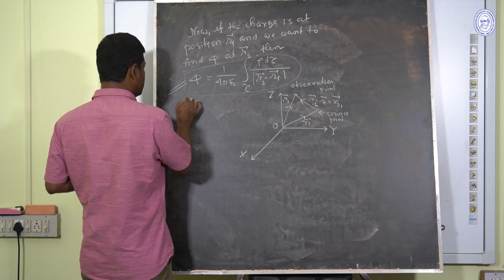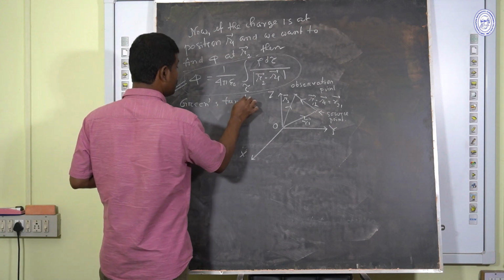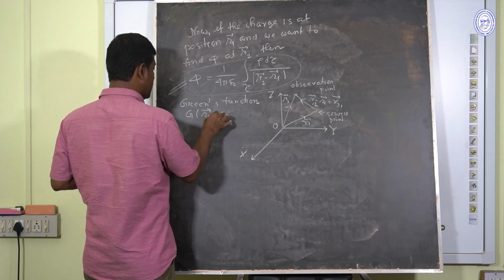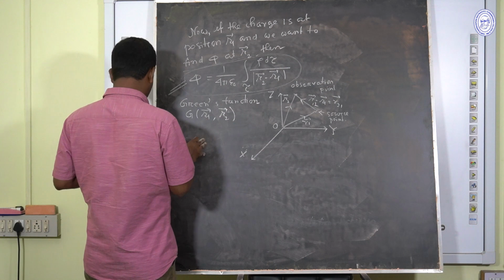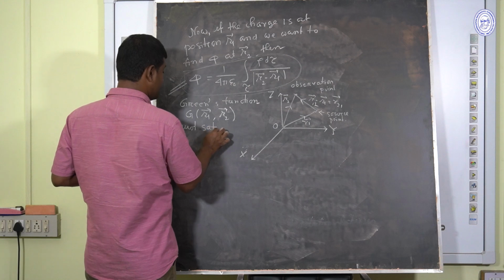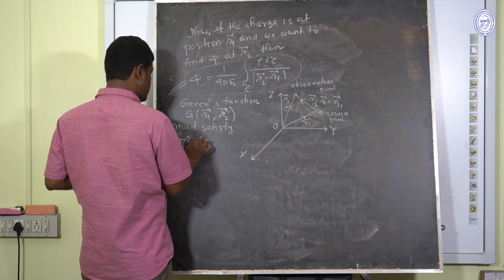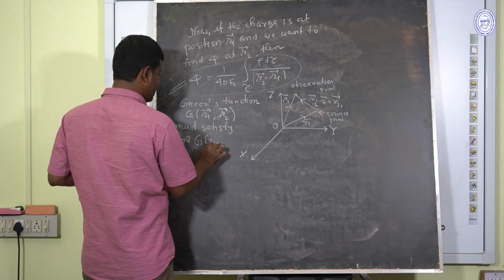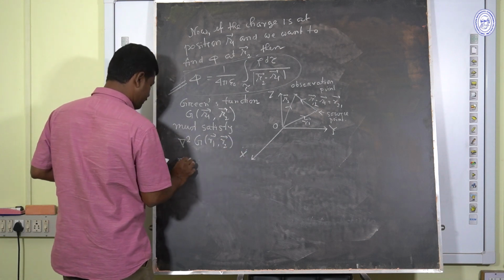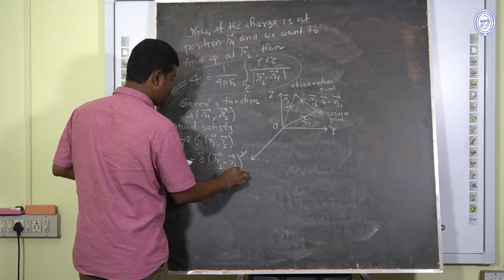So Green's function G of R1 vector, R2 vector must satisfy the Laplacian operator of G R1 R2 equal to minus delta R2 minus R1.